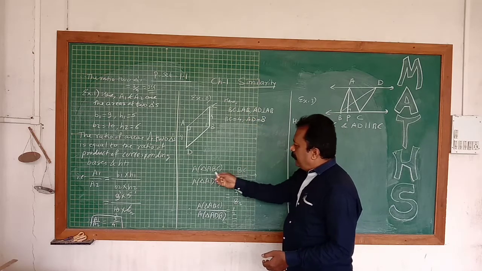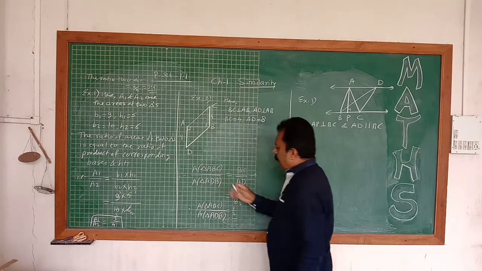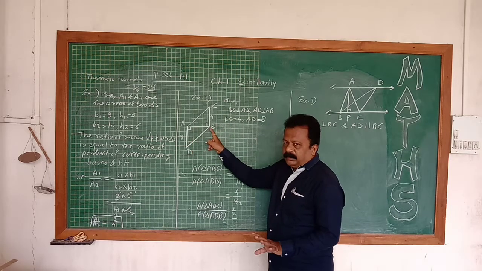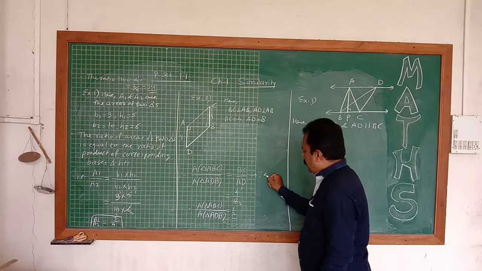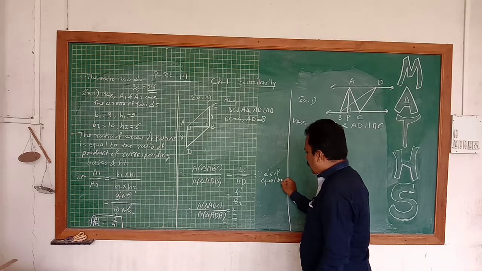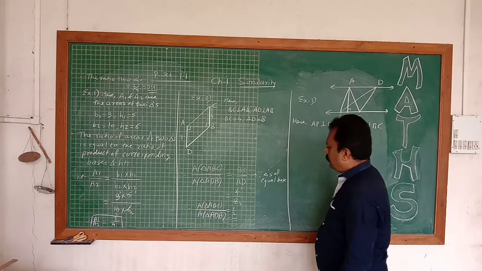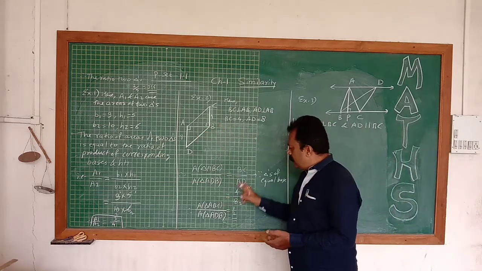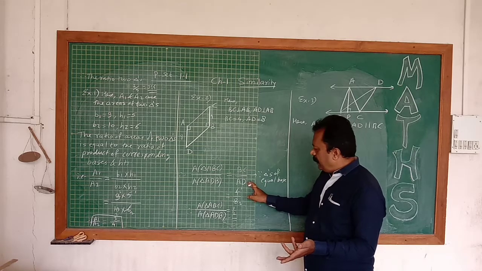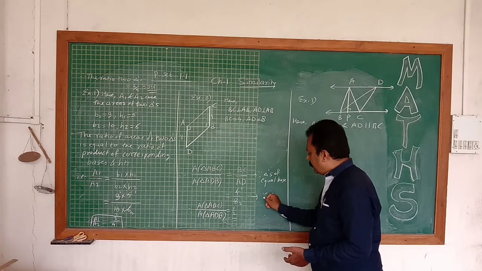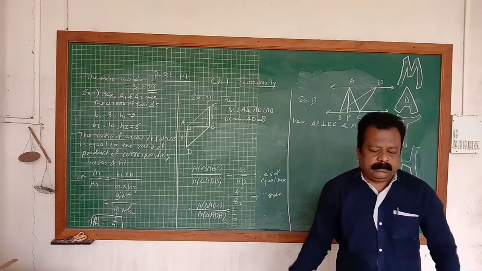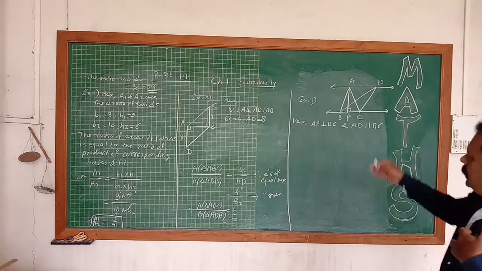First write given and directly write here: area of triangle ABC divided by area of triangle ADB is equal to BC upon AD. Why? Because AB is the common base. Here write triangles of equal base. Continue this way: triangles of equal base. Which base? AB. So the ratio is the corresponding heights. Fill in the values, write given, and then find the answer. This is also correct.